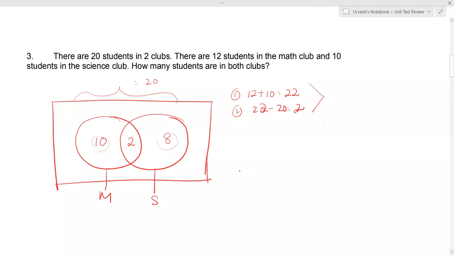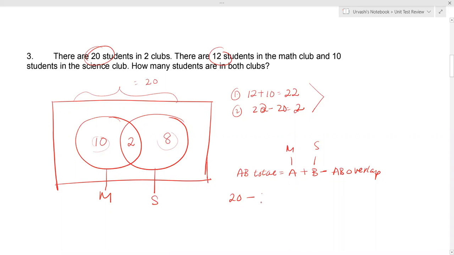So remember your formula. You guys remember the formula? Can someone tell me? I have AB total minus A is equal to A plus B minus AB overlap, right? So we already know the total. We know 20 students, right? And we know there are 12 in math. So let's say A is math and B is science.